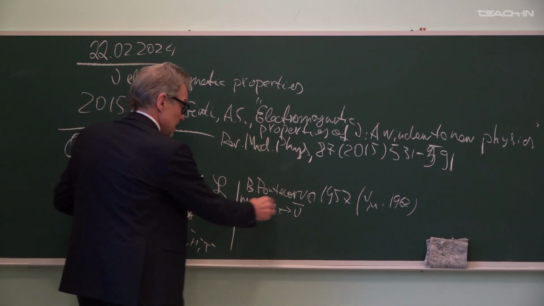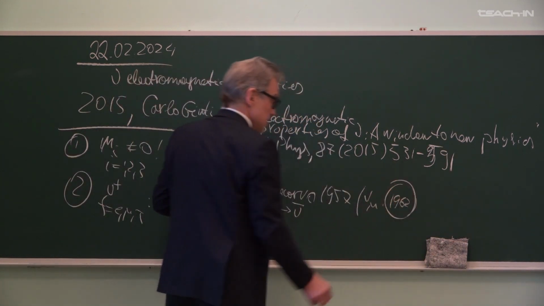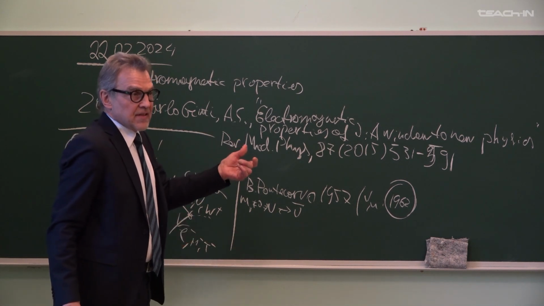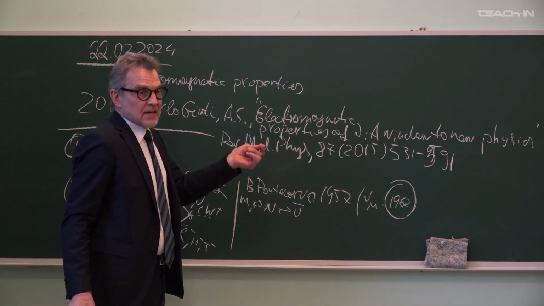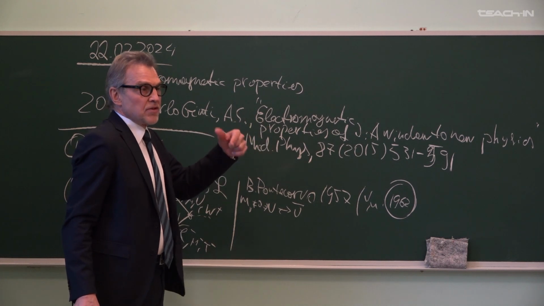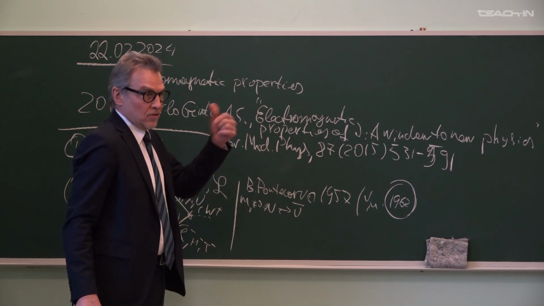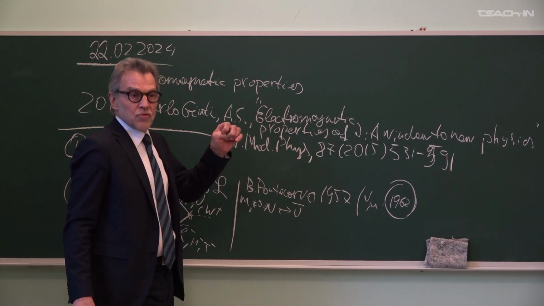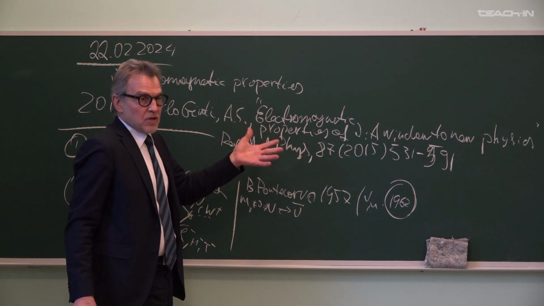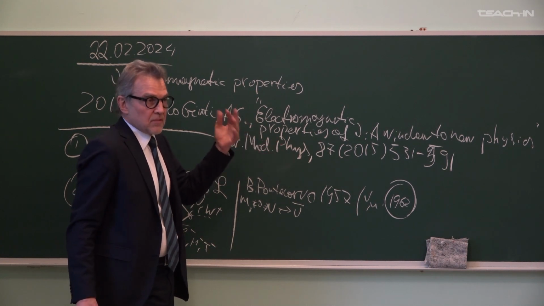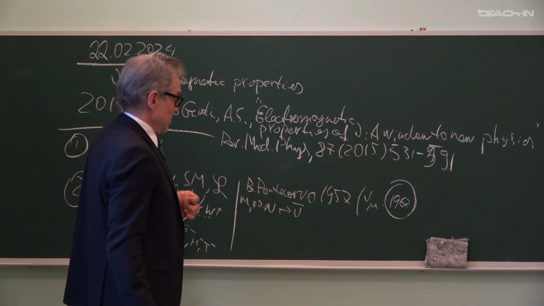Then, in '62, the Japanese group Maki, Nakagawa, Sakata, after the discovery of the second type of neutrino, which was not the electron neutrino and was termed the muon neutrino. So in '62, two neutrinos appear. And the third neutrino was discovered in 2000, just very recently, only about 24 years ago.